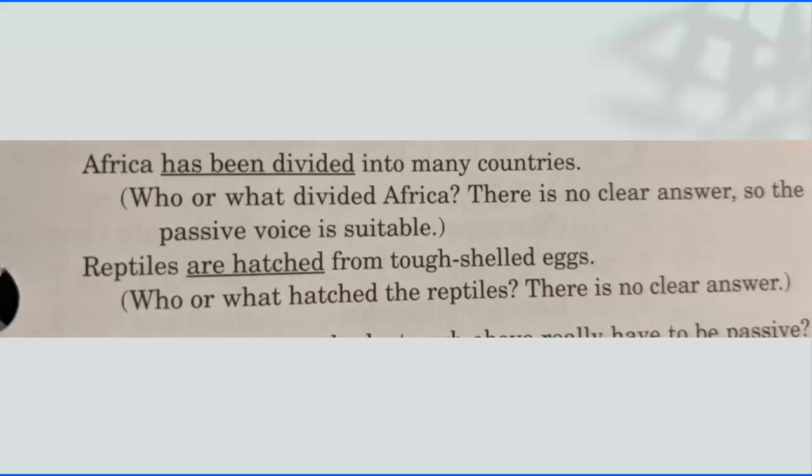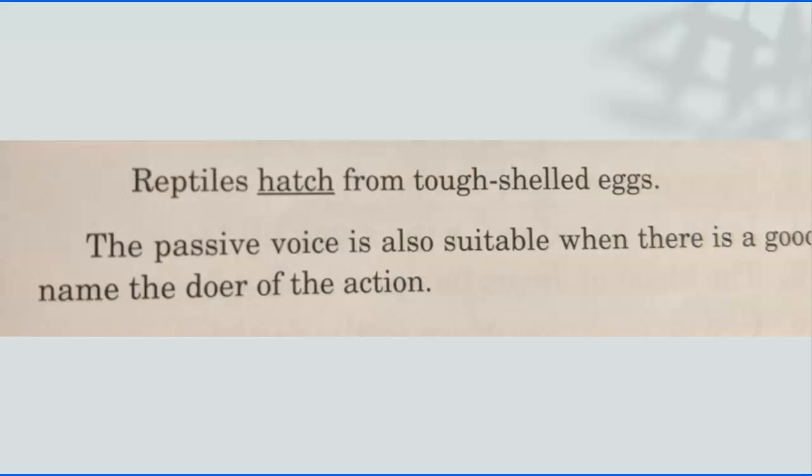In the next one, reptiles are hatched from tough shelled eggs. Remember, we often have prepositional phrases that get tacked on after a passive, and that's what we've got here. But if we take a look at this, and this is at the bottom of page 251, reptiles hatch from tough shelled eggs.